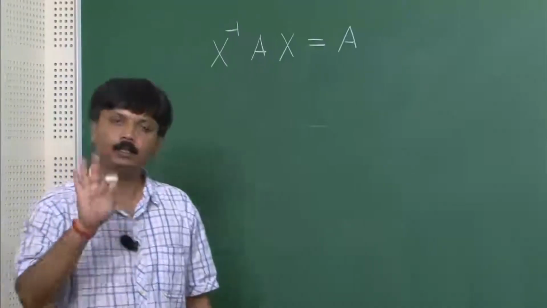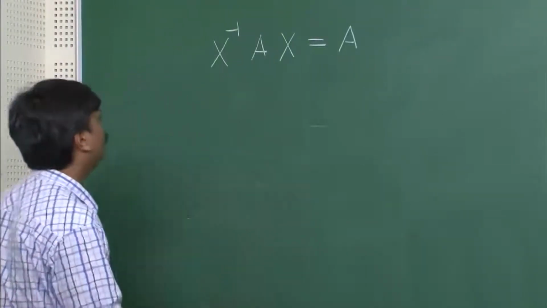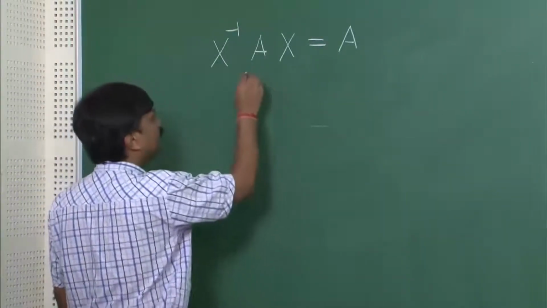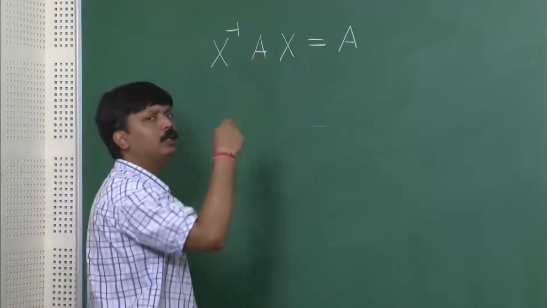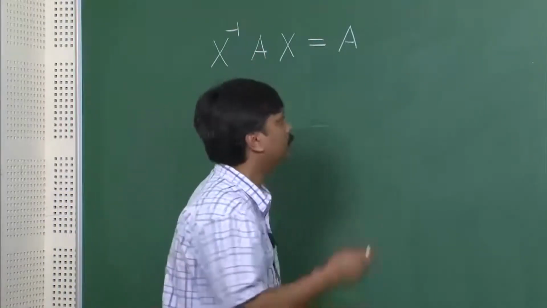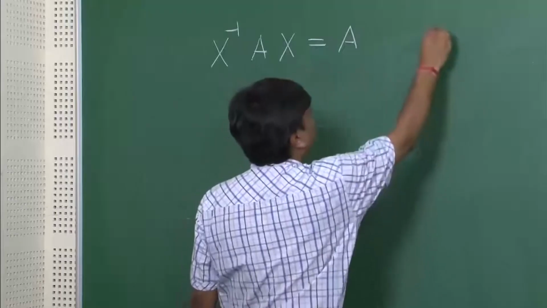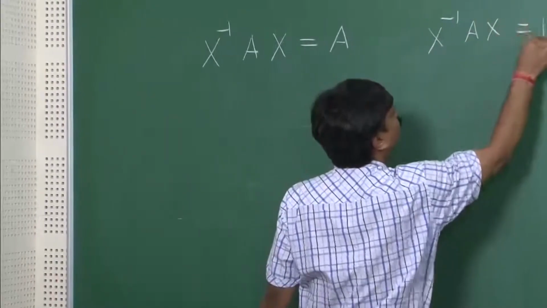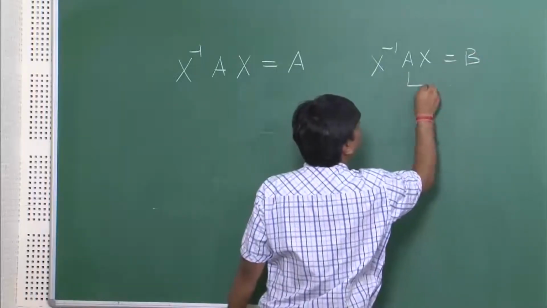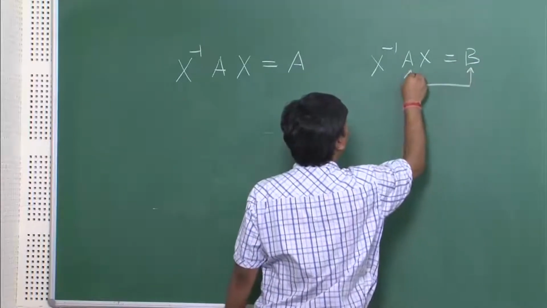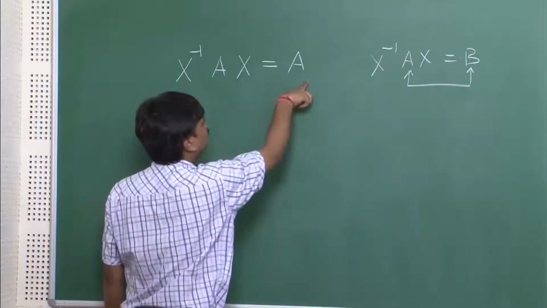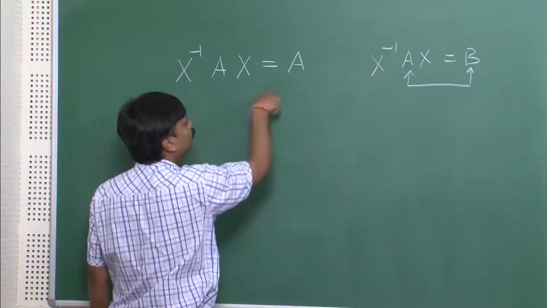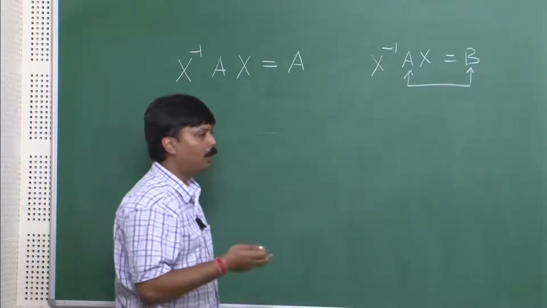That is a trivial case. It means any element is a conjugate of itself, because earlier we were dealing with X inverse A X equals B, and said that B and A are conjugate of each other, and if I can have this relation, that means A is conjugate to itself. Now how do we prove that?